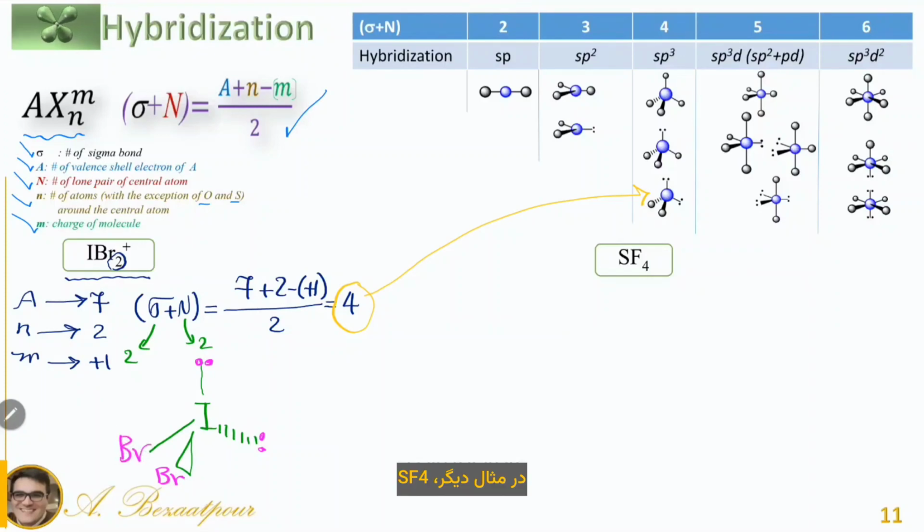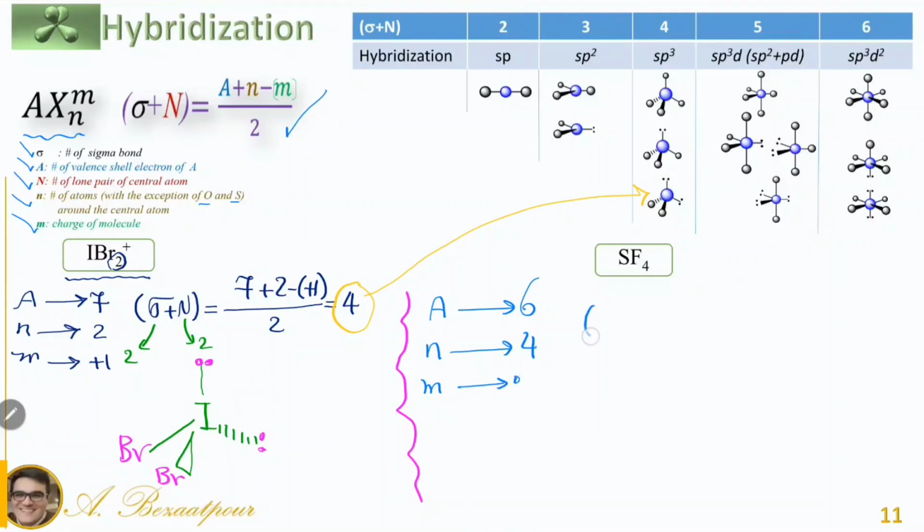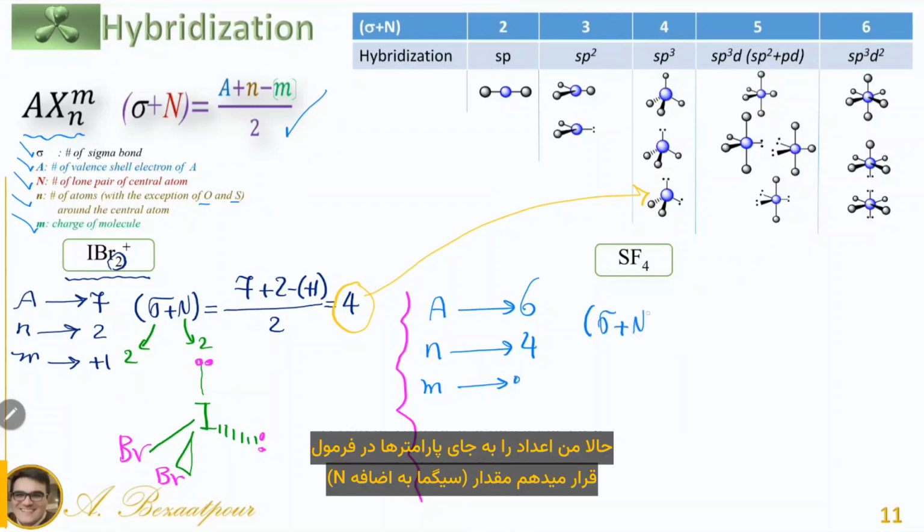In another example, SF4, A is 6 for sulfur as the central atom, n is 4 because of 4 fluorides around the central atom, and m is 0. Now, I put numbers instead of parameters in the formula.